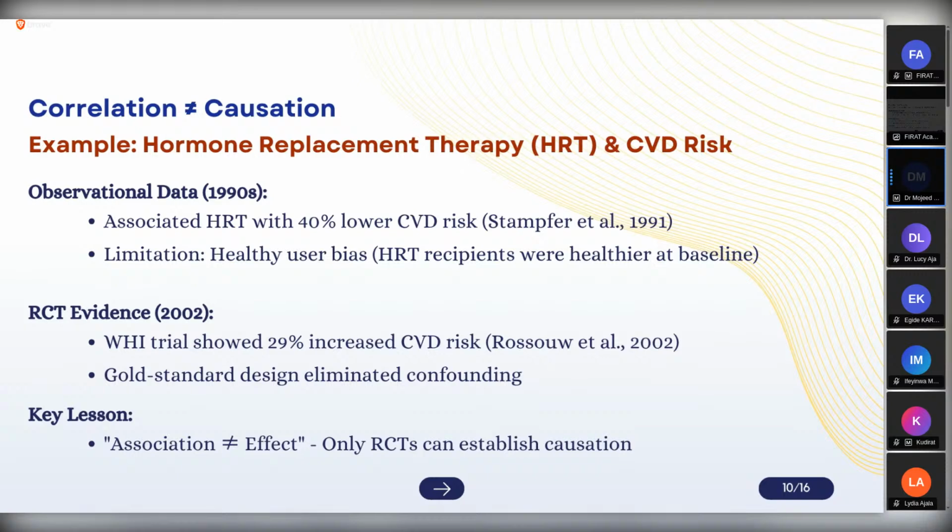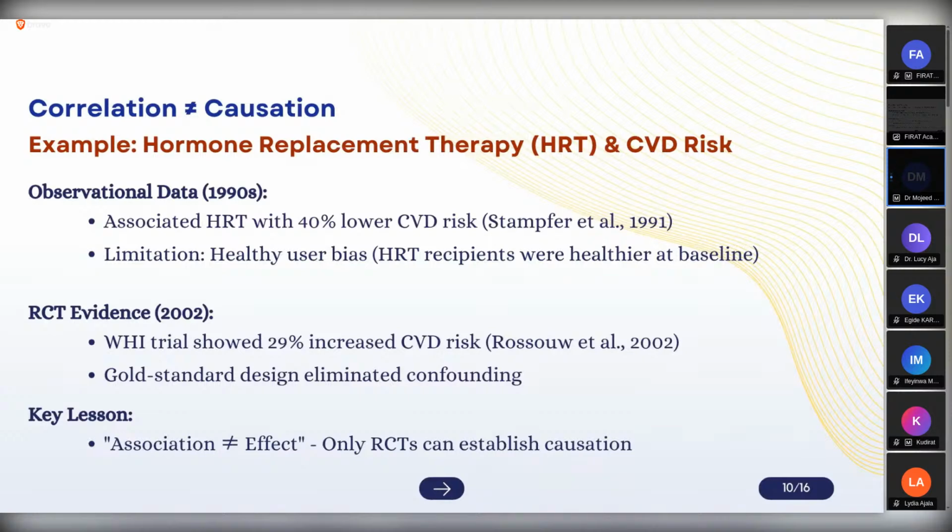Now, the limitation of these observational studies is what we call healthy user bias. So the recipients of HRT were those that were healthy at baseline. So that is the limitation of those observational studies' findings.